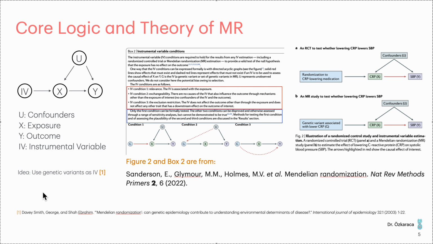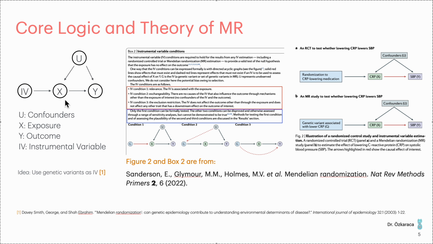And the main idea is that if you are interested in estimating the causal effect of X, which is the exposure, on Y, which is the outcome, in the presence of confounders, which we represent with U, which are affecting both X and Y, you can use an instrumental variable IV to bypass the confounding.